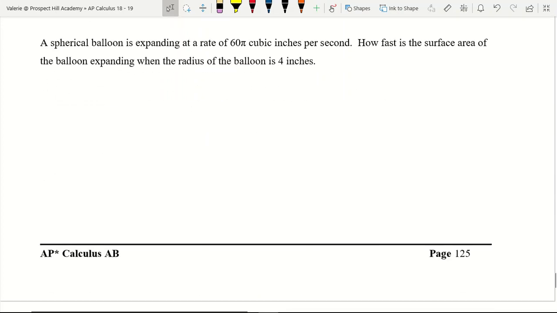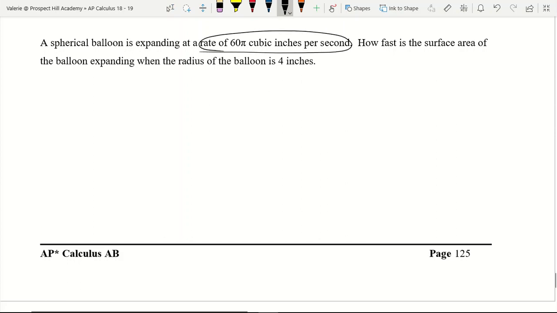The last problem is another sphere problem. But the reason why we're going to do this problem together is because you use 2 different functions to help you figure it out. You need the surface area and you also need the volume function. So for this last problem, we have a spherical balloon that's expanding at a rate of 60 pi cubic inches per second.